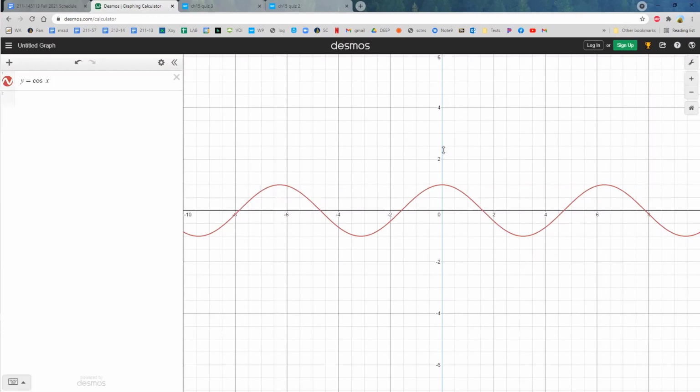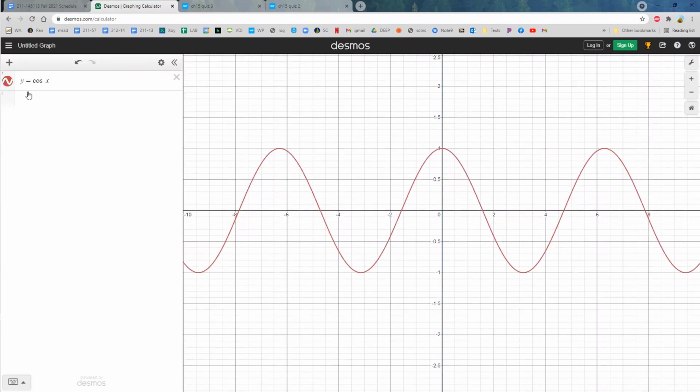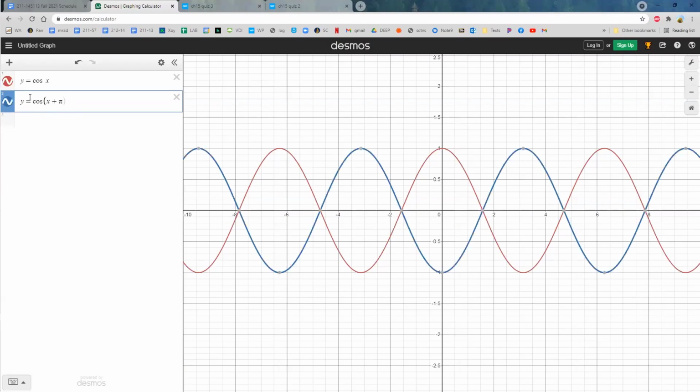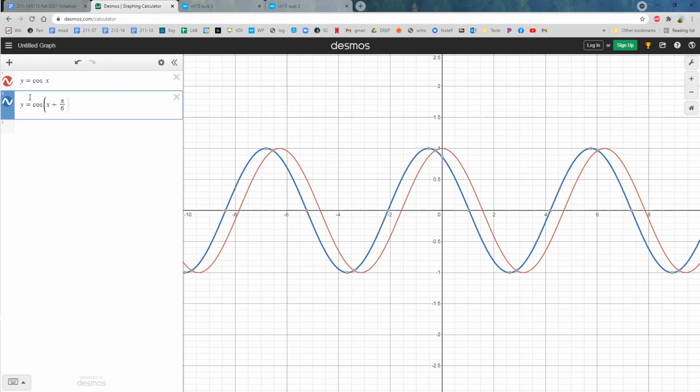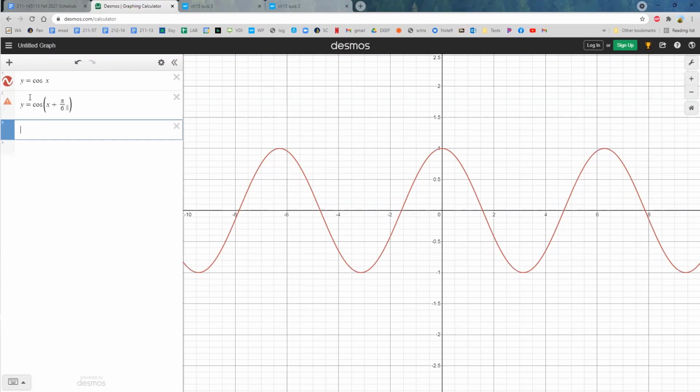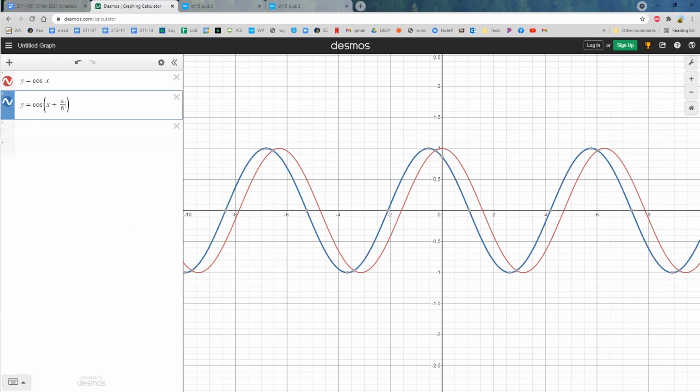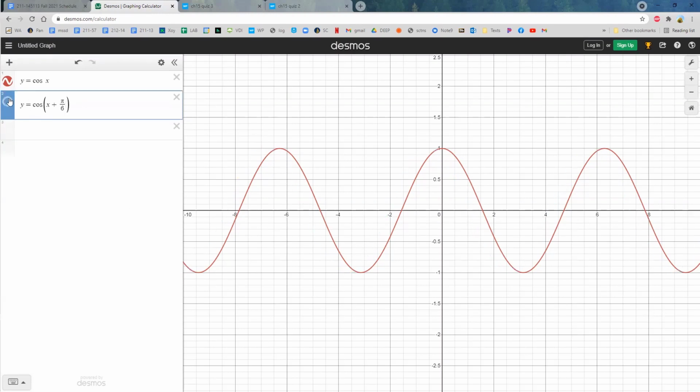What if I repeat this down here? What if I say y equals cosine of x plus pi over 6, which is 30 degrees. So let me fix that there. All right, so now here's my original cosine function.